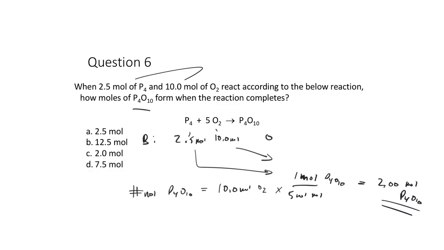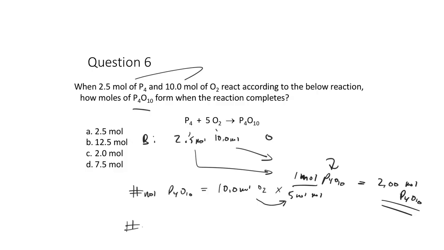So 2 moles are produced if I consume all the oxygen. Now this step assumes that I have enough P4 for that reaction to take place. So as long as I have enough phosphorus in the form of P4 to produce this compound, then this quantity of P4O10 can be produced.